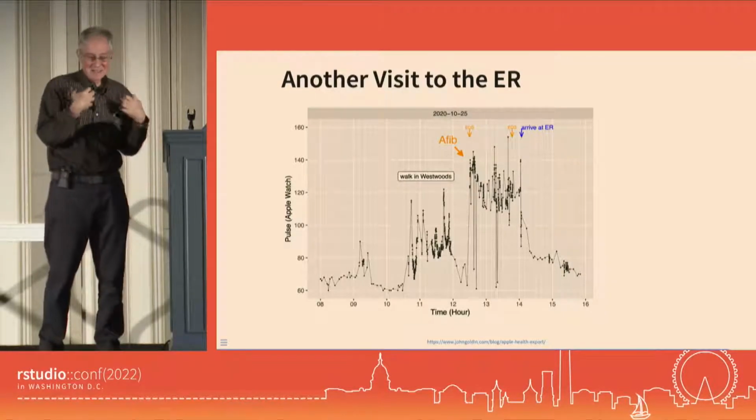So I could tell, this is evidence that I knew when I went into atrial fibrillation. Sometimes people don't know they're in atrial fibrillation, but I knew, and you can also see that I came out of it before they hooked me up to an electrocardiogram in the emergency room. It actually goes on and off like throwing a light switch.